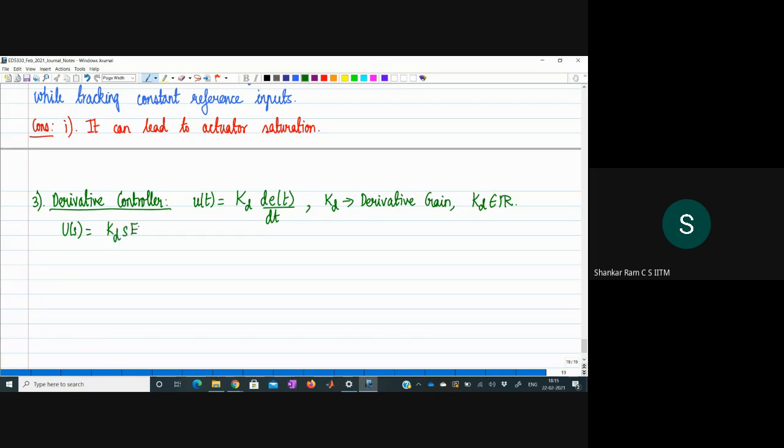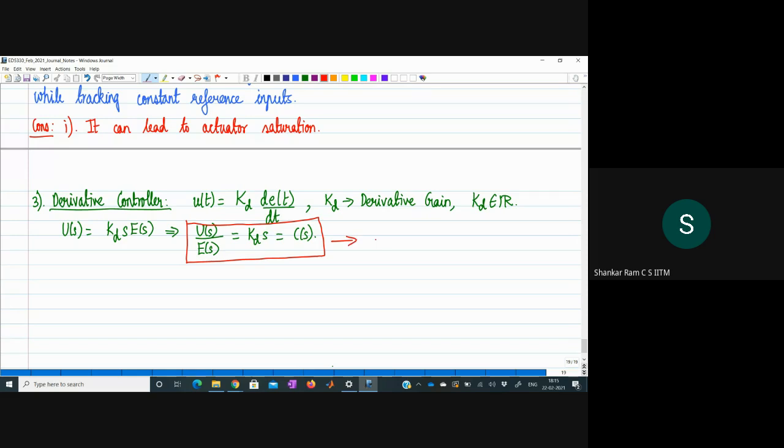The initial error need not be 0, but we are only looking at the transfer function, so we substitute the initial condition to be 0. Consequently, the controller transfer function U(s)/E(s) becomes kd. This is the controller transfer function in this particular case, that of the derivative controller.